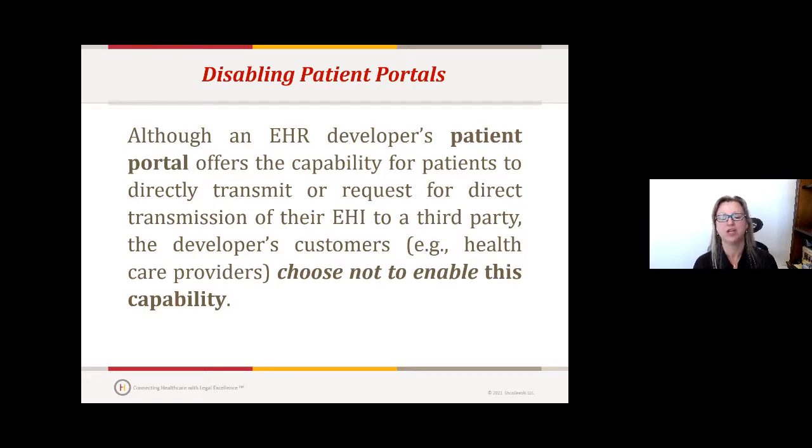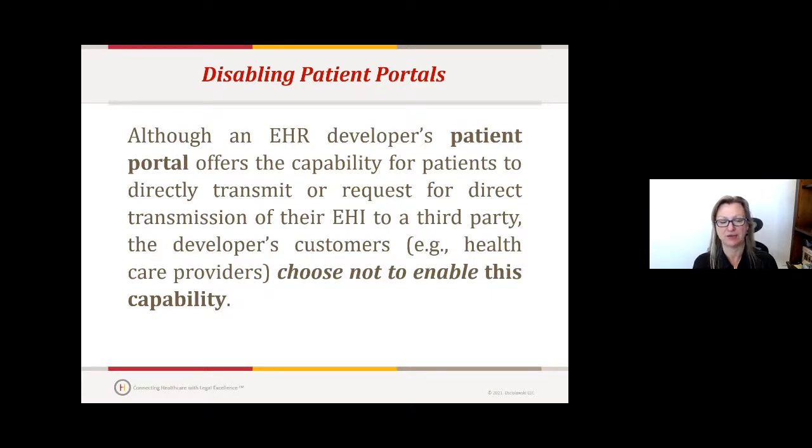A couple of things to highlight here: ONC recognized that an information blocking practice could be, for example, when your EHR developer's patient portal offers the capability for patients to directly transmit, or request direct transmission of, their EHI to a third party, and you as a healthcare provider choose not to enable this capability just because you don't want to deal with it. There could be reasons where you are not able to enable the patient portal, so I do want to make that distinction.